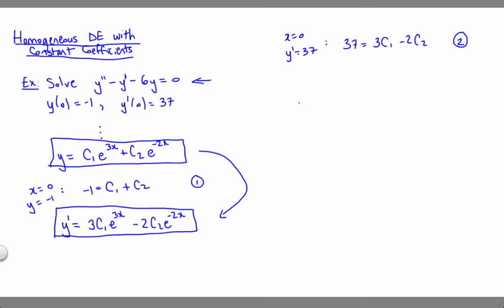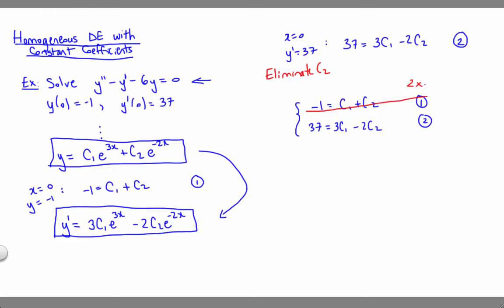Now just for clarity, I'm going to recopy our two equations. Let's solve this system here by elimination. Let's say we want to eliminate c2. The easiest way to do that, I would take equation 1 and multiply it by 2.